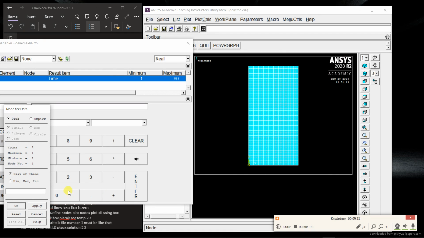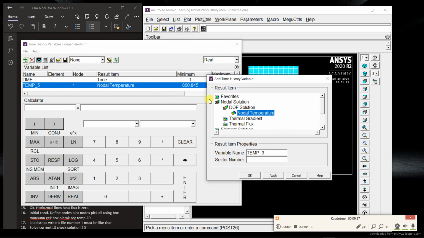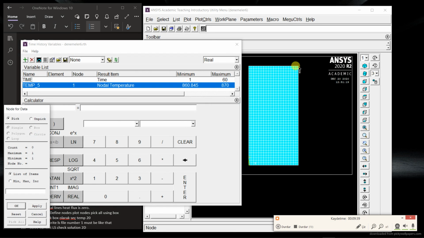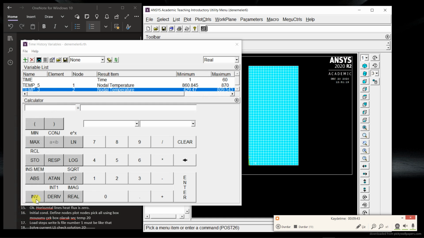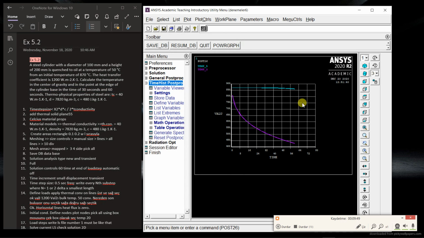So I'm picking this. Okay, and then I'm picking this one. This is the outside, and okay, so let's choose this one, and then just graph. Okay, this is our graph. Okay, this is the surface, you know, and this is the inside.